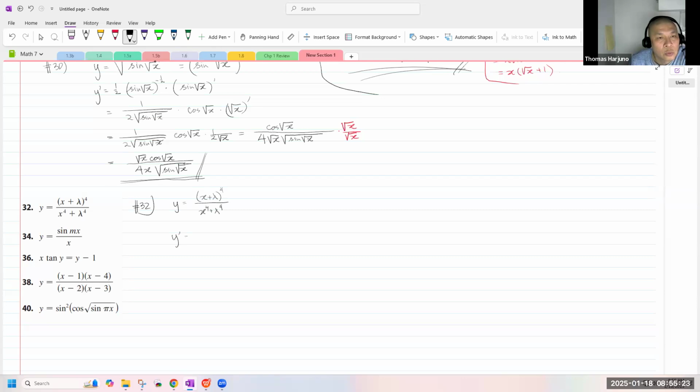I think I will do the quotient rule: x to the fourth plus lambda to the fourth squared at the bottom, while at the top that will be the derivative of x plus lambda to the fourth times the denominator, minus the numerator times the derivative of x to the fourth plus lambda to the fourth.